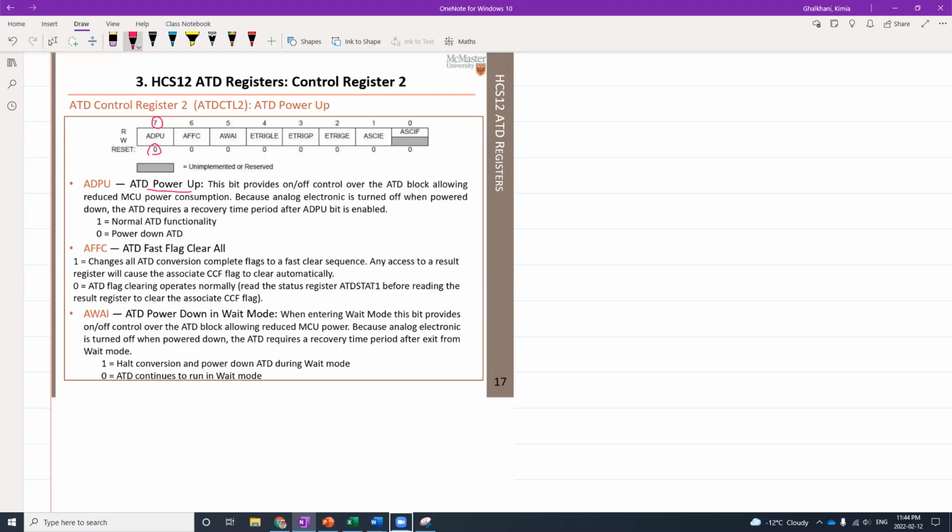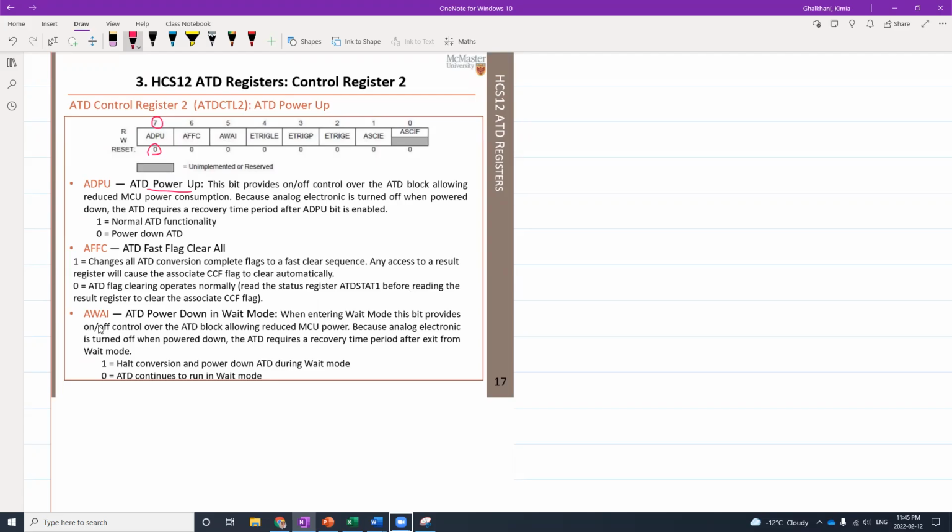And you have bit 6, which is in this case AFFC, the fast flag clear. What you practiced in the lab was exactly like this too. For every analog to digital converter, we have similar data sheets, right? So you have to check them carefully to program your microcontroller and choose the right bit for your code based on those data sheets.